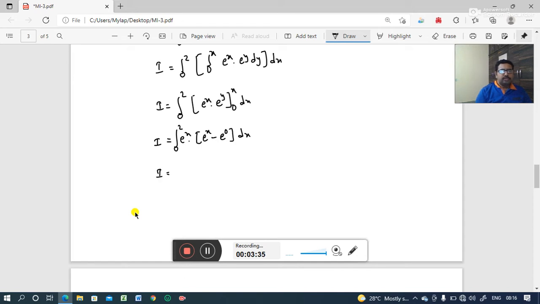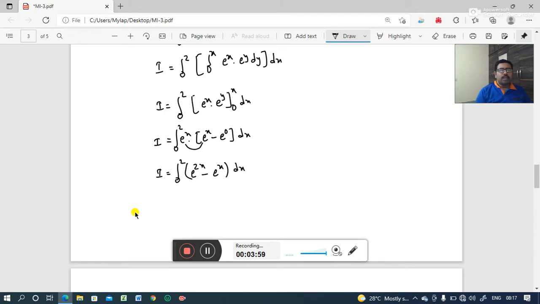I is equal to integral 0 to 2. If you multiply e power x into e power x it gives e power 2x, minus e power 0, whose value is 1, so 1 into e power x is e power x, dx.